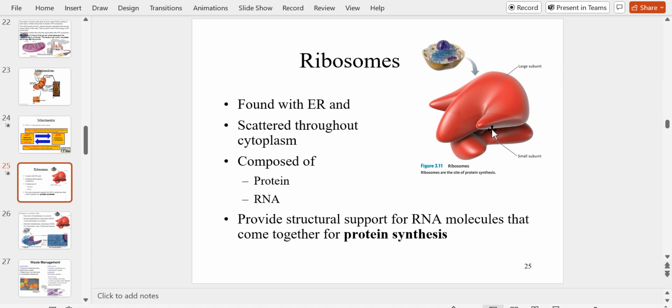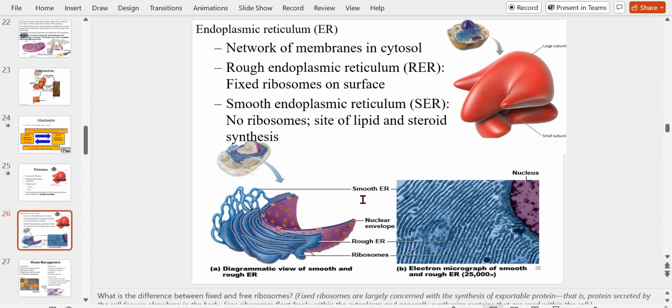The ribosome reads that RNA template and makes proteins, taking an amino acid, another amino acid, another amino acid, and eventually makes a big long protein chain. It provides structural support for RNA molecules that come together for protein synthesis.